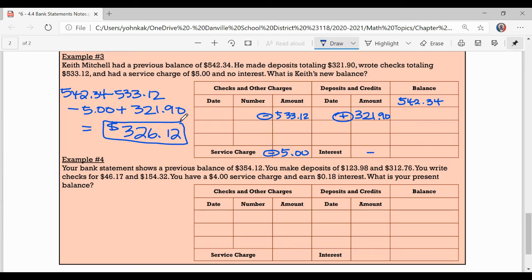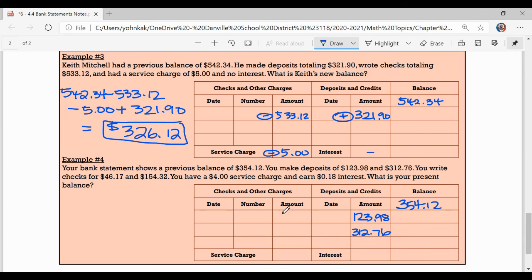All right, let's look at number 4. Your bank statement shows a previous balance of $354.12. My writing today is awful. Okay, you made deposits of $123.98 and $312.76.